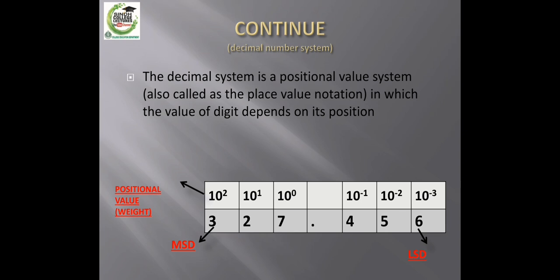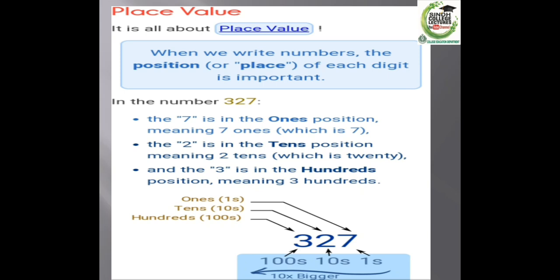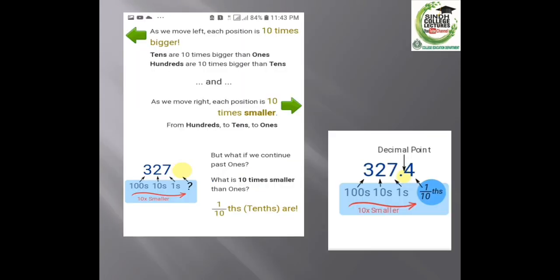The position of each digit in a decimal number indicates the magnitude of the quantity, and is assigned a weight that is a power of 10 that increases from right to left, beginning with 10 power 0, 10 power 1, 10 power 2. As we move left, every number place is 10 times bigger, as ones, tens, hundreds, and so on.